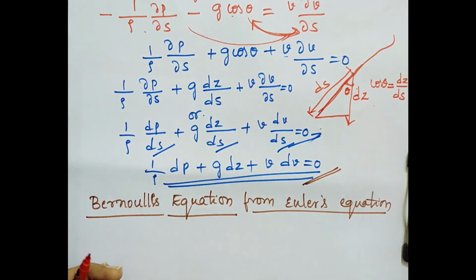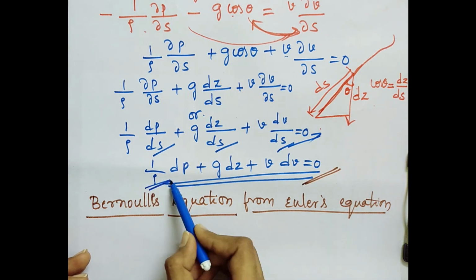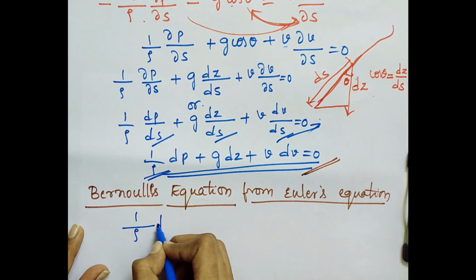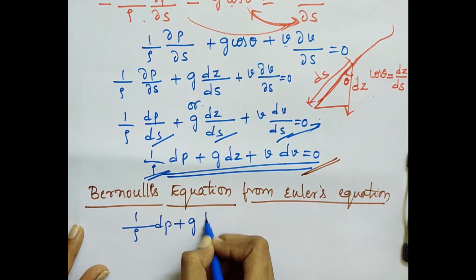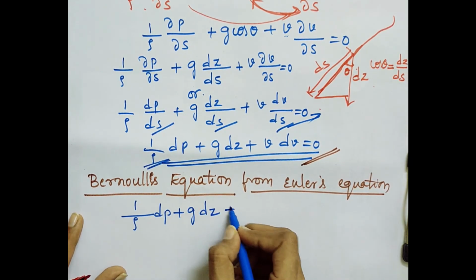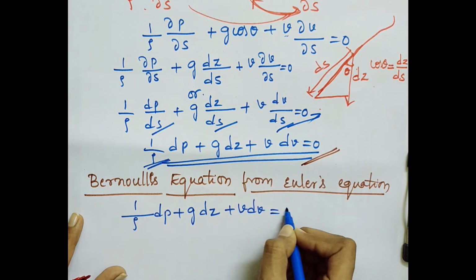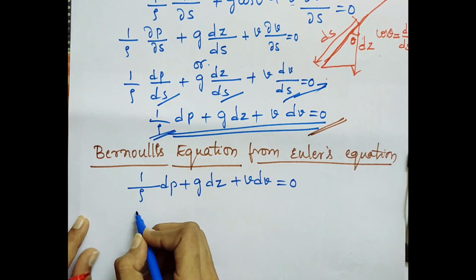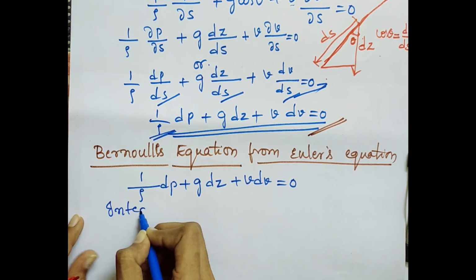So what we have to do, we have to consider this Euler's equation. We know the Euler's equation, it is 1 by rho dp plus g into dz plus v into dv is equal to 0. Next, we have to integrate this equation.